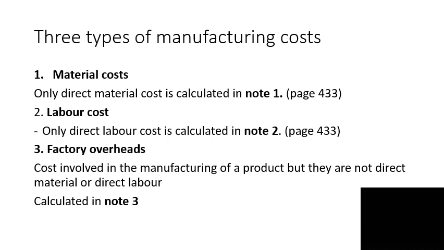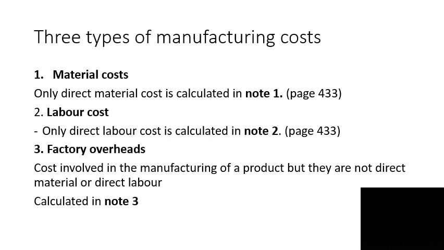Then the last type of costs, we just group them as factory overheads. These are costs which are involved in the manufacturing of a product, but they are not direct material or direct labor. They are also calculated in note 3. You are going to notice that note 3 is a bit challenging because of this distribution of expenses into different departments.